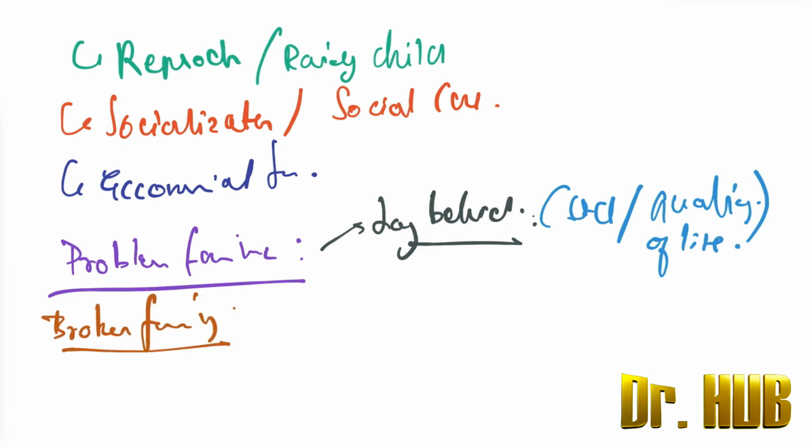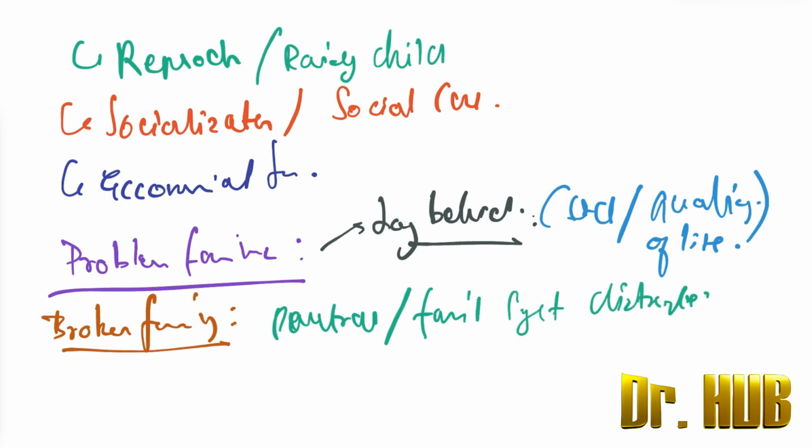Broken families are those in which the parental or family system has been disrupted by separation, divorce or death.